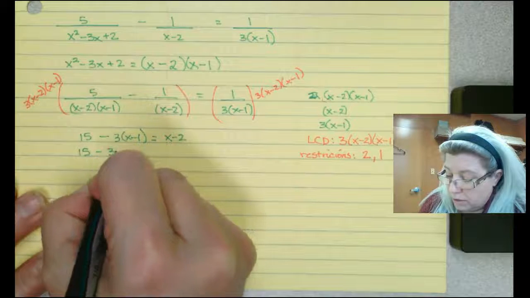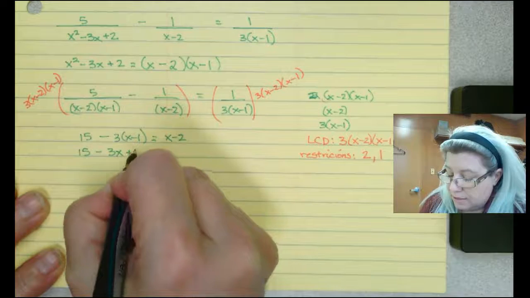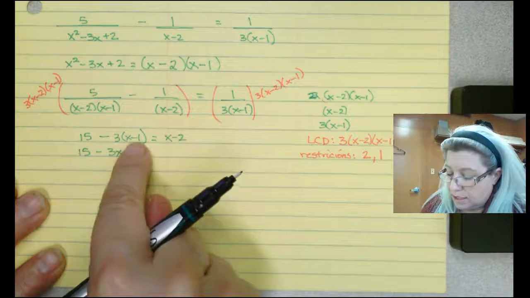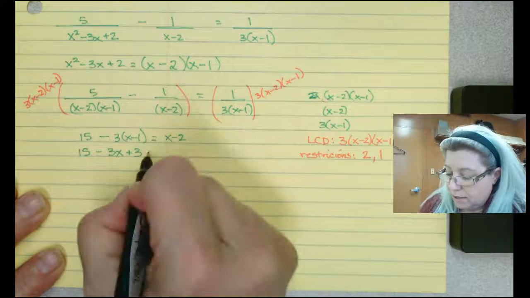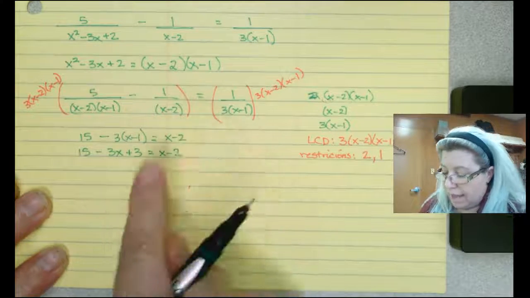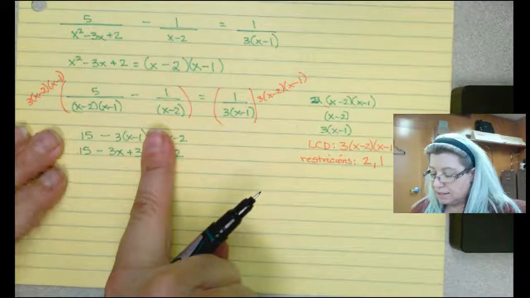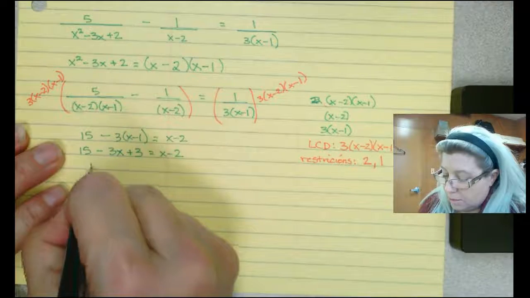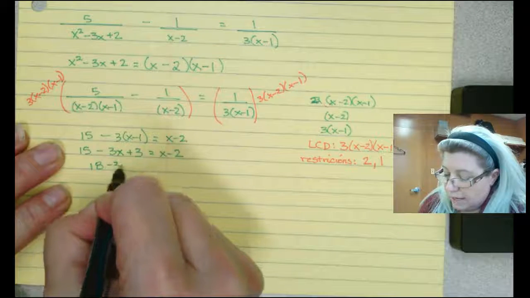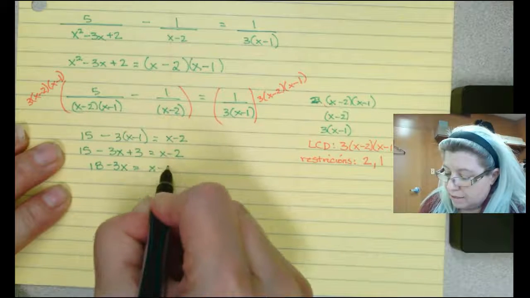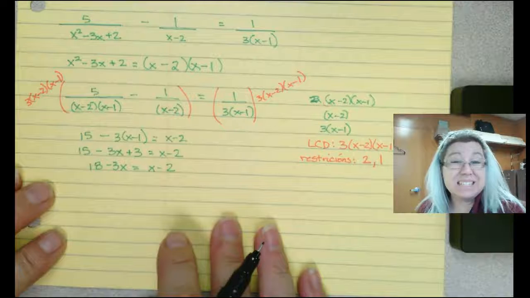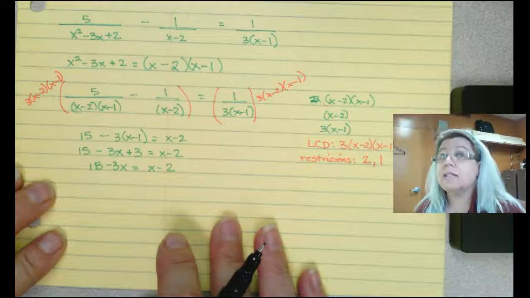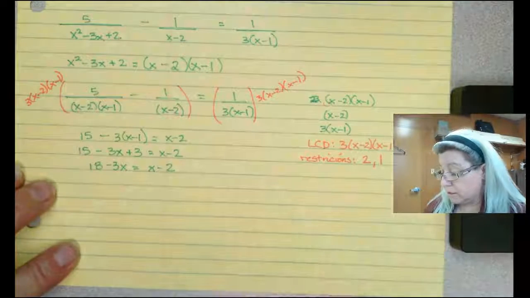Distribute the 3. 3x plus 3. Negative 3 times negative 1 is positive 3. X minus 2. Add any like terms on the left-hand side. It's going to be 18 minus 3x equals x minus 2. Okay. Decide which side you want your variables on. Decide which side you want your constants on.